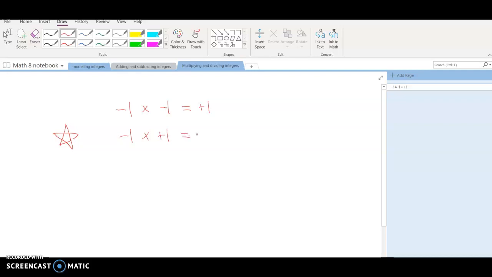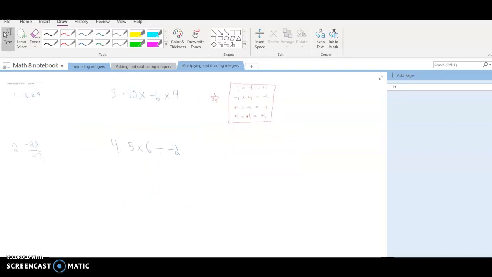Then you're going to get a negative number, okay? Say you have a positive number multiplied by a negative number. You're going to have a negative number. If you have a negative multiplied by a negative, or a positive multiplied by a positive, then you're going to get a positive number, okay? These are just some rules that you're going to have to remember.